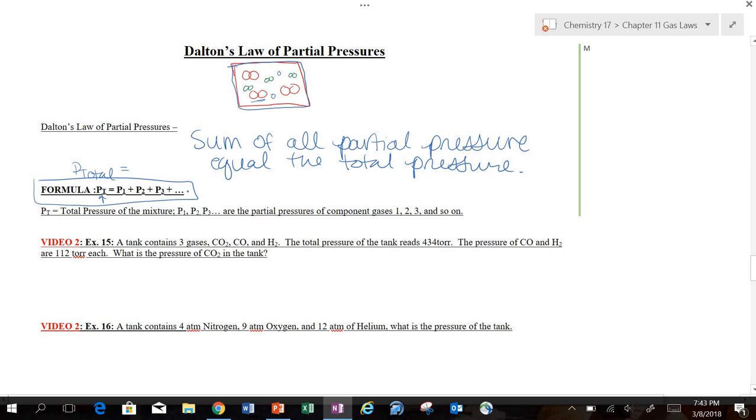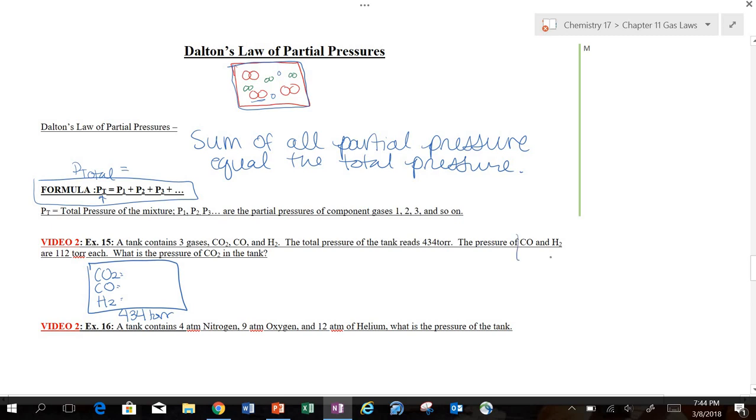So we'll do an example together. It tells us that a tank contains 3 gases: carbon dioxide, carbon monoxide, and hydrogen gas. The total pressure of this entire tank is 434 torr.